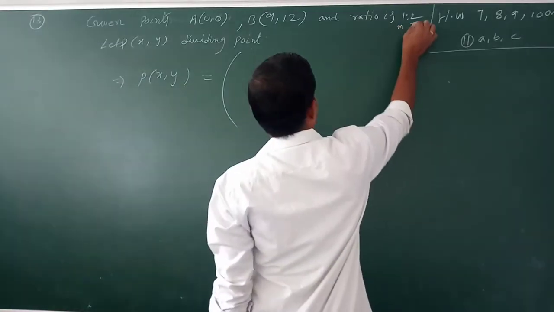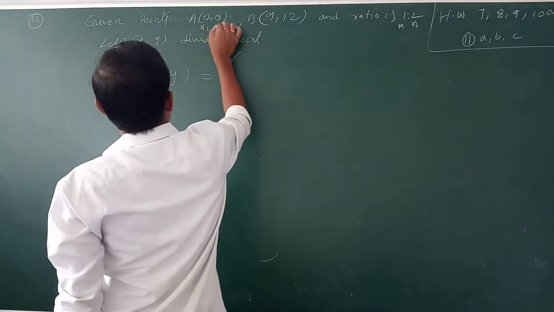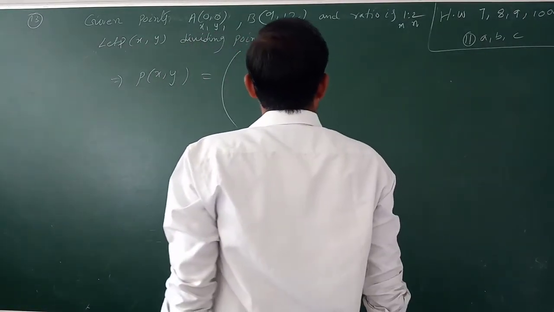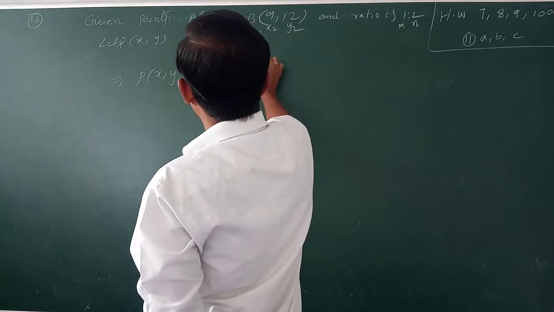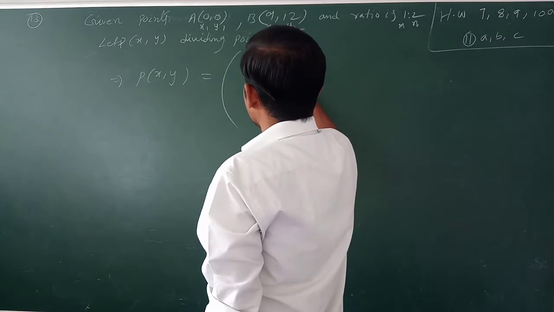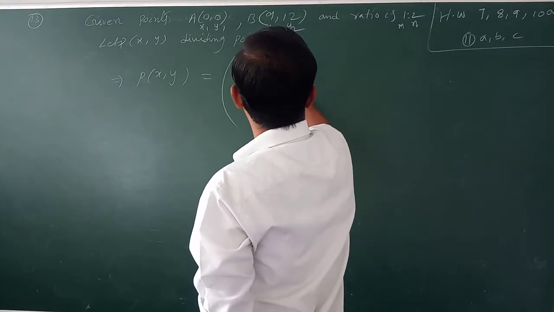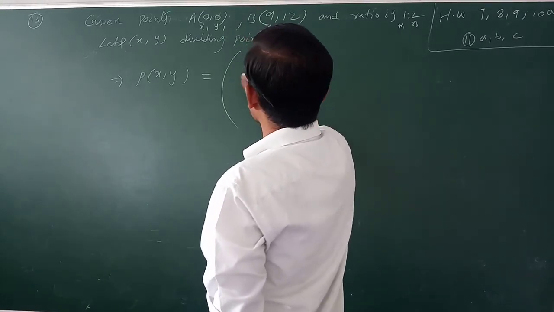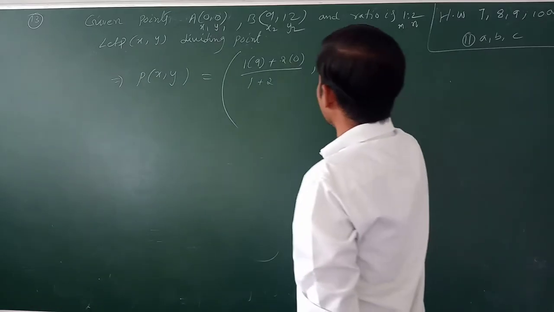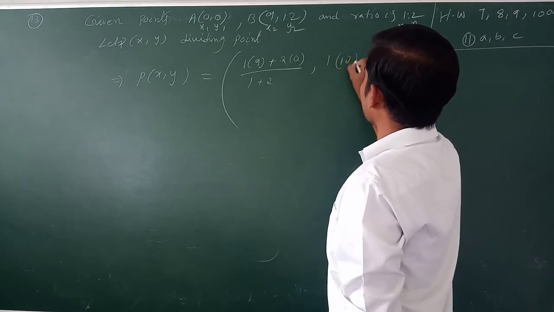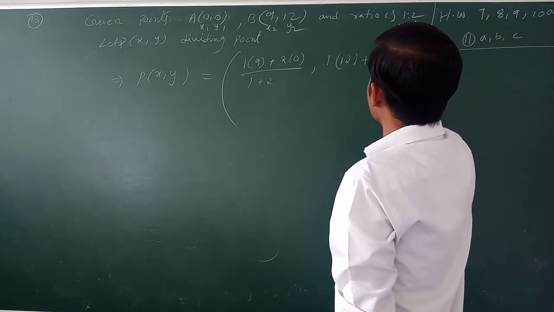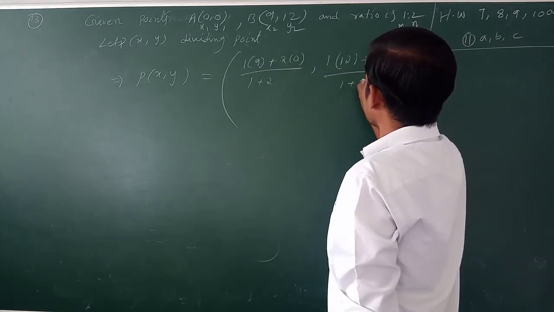This is m, this is n, and x1 y1, x2 y2. So 1 into 9 plus 2 into 0 by 1 plus 2, 1 into 12 plus 2 into 0 by 1 plus 2.